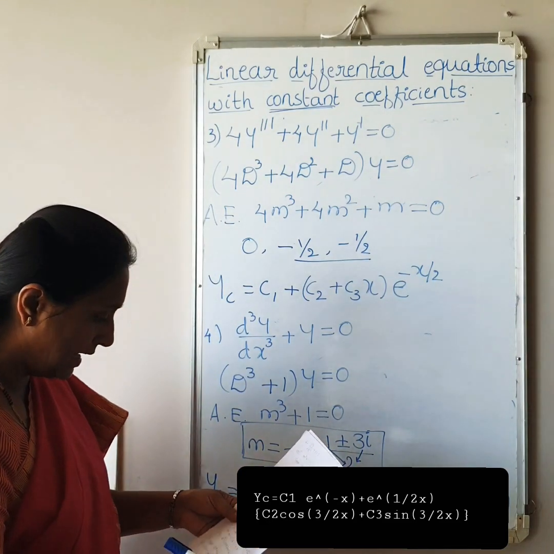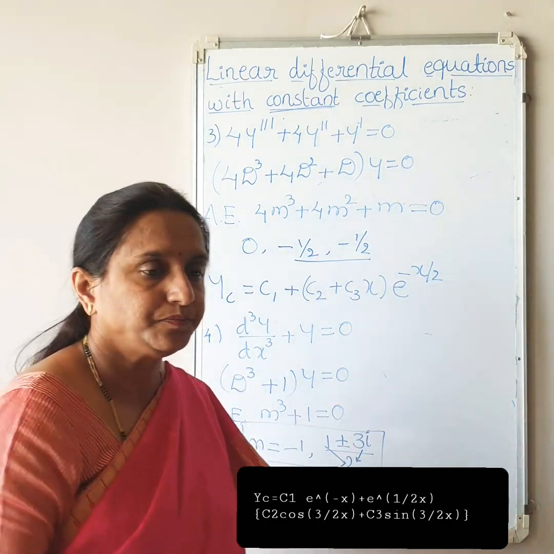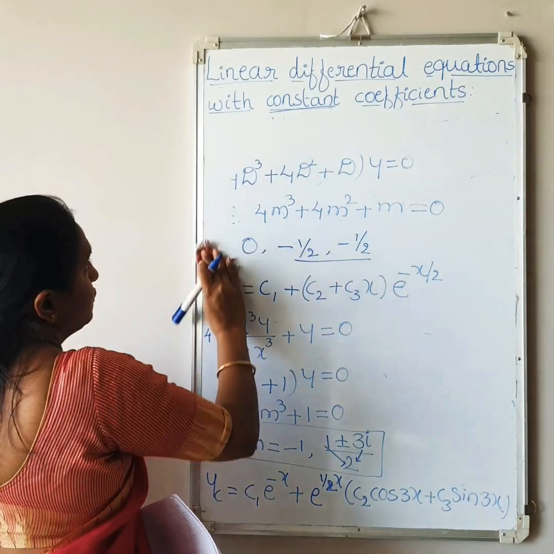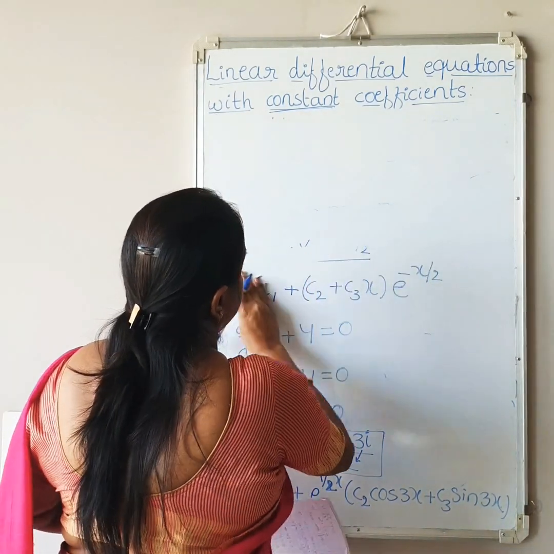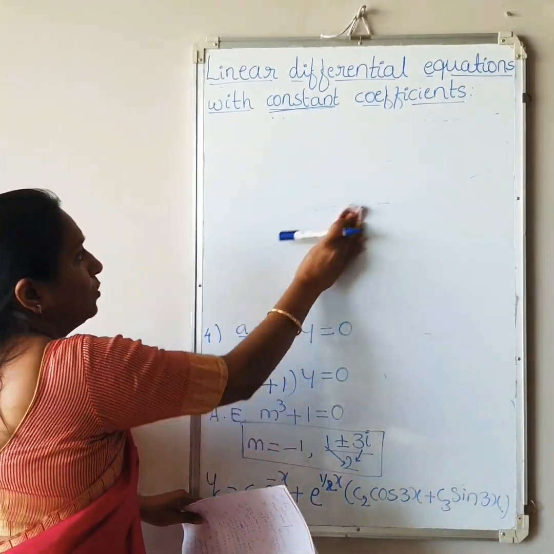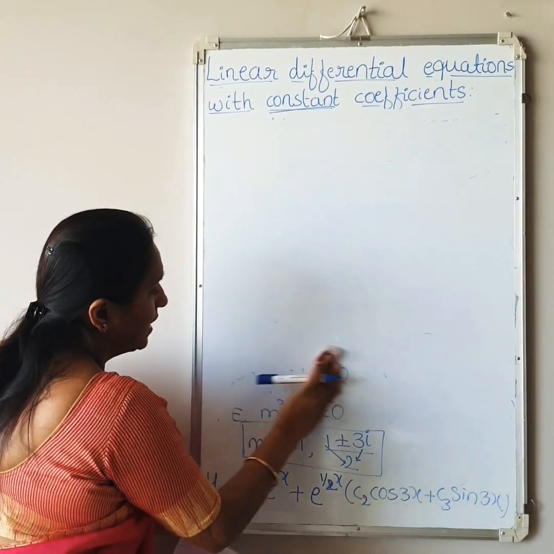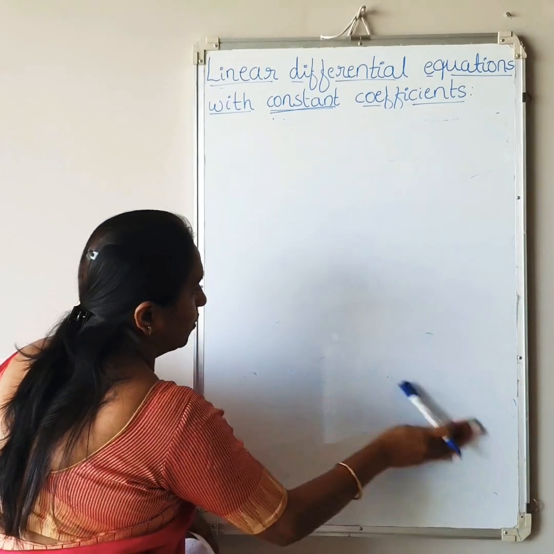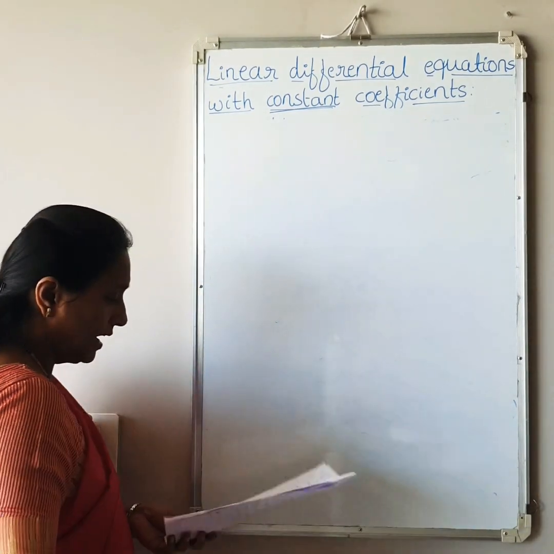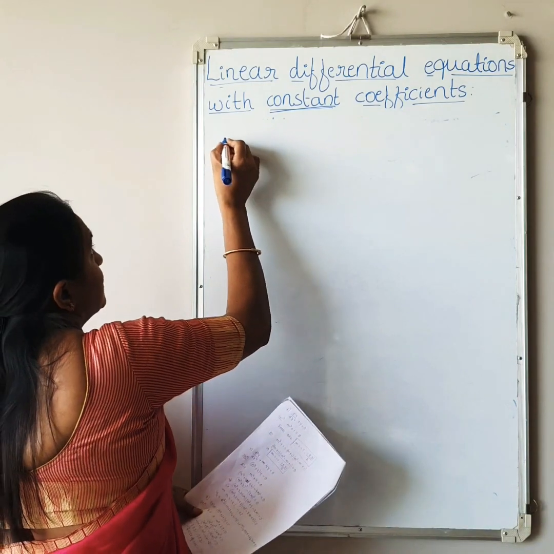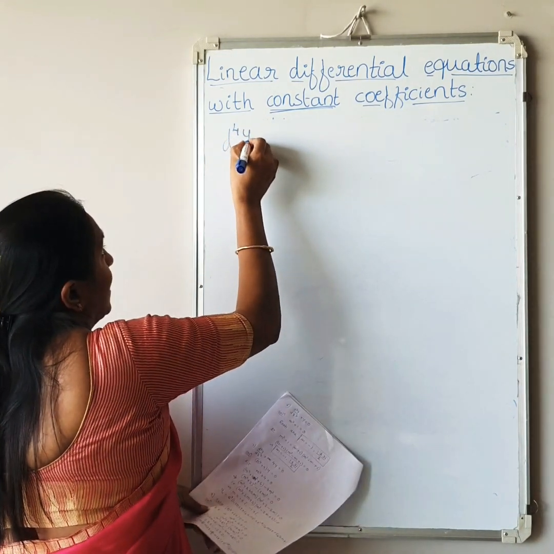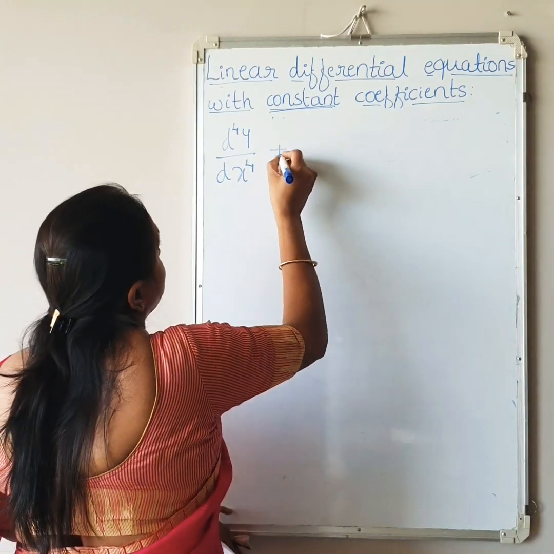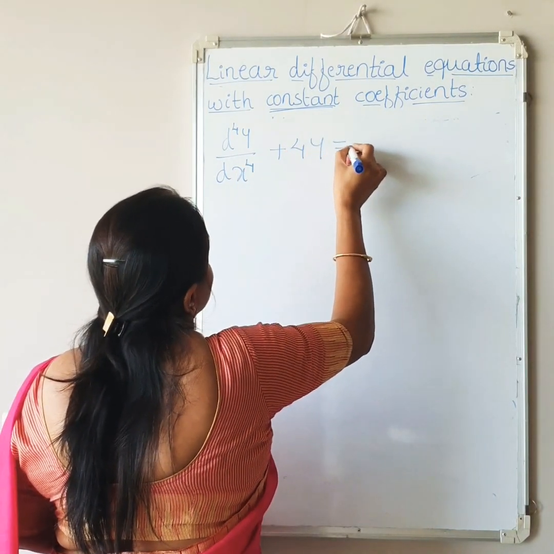Then we will consider the next example, that is the fifth one. Till a cubic equation, easily you can solve in the calculator and write the answer. If it is of order 4, then how to solve? I'll take one example, that is d4y by dx4 plus 4y is equal to 0.